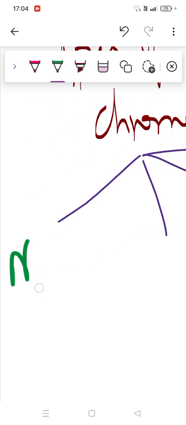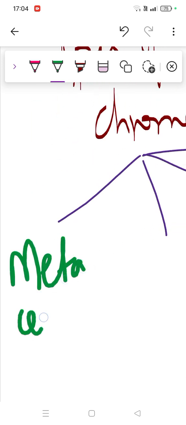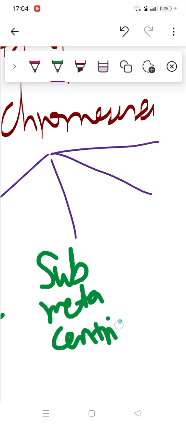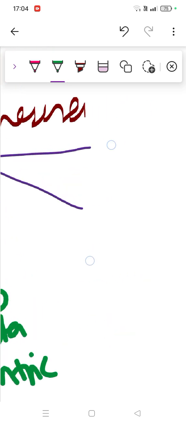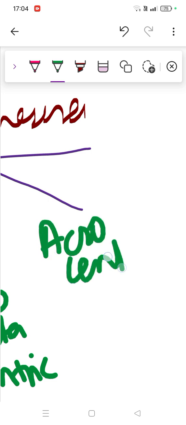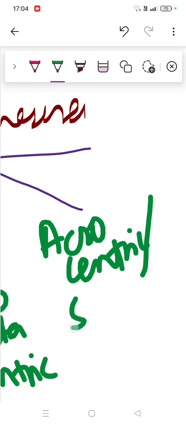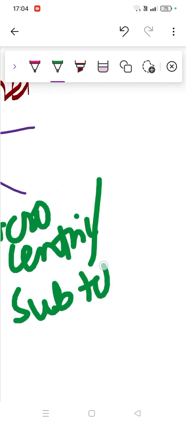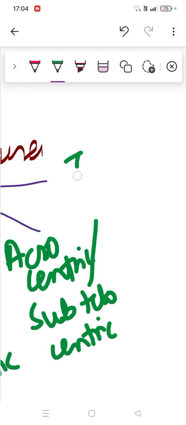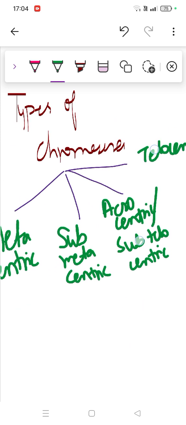The first is called metacentric. The second is called submetacentric. The third is called acrocentric or subtelocentric. And the last one is called telocentric. So these are the four types.